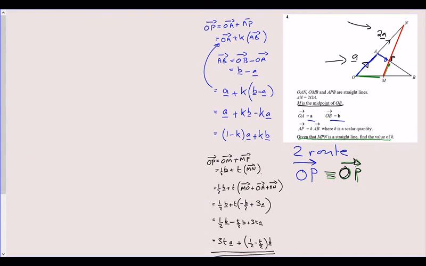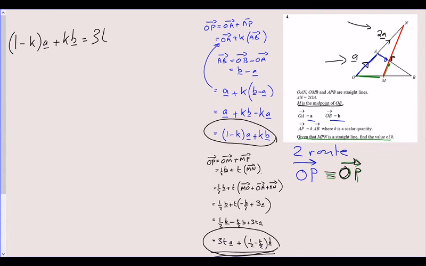Now, we said here that these two routes must be equal to each other because the vectors OP are equivalent. So I'm now going to set these equal to each other. I've got (1 minus k) a plus kb, and that's equivalent to 3t a plus (a half minus t over 2) b.